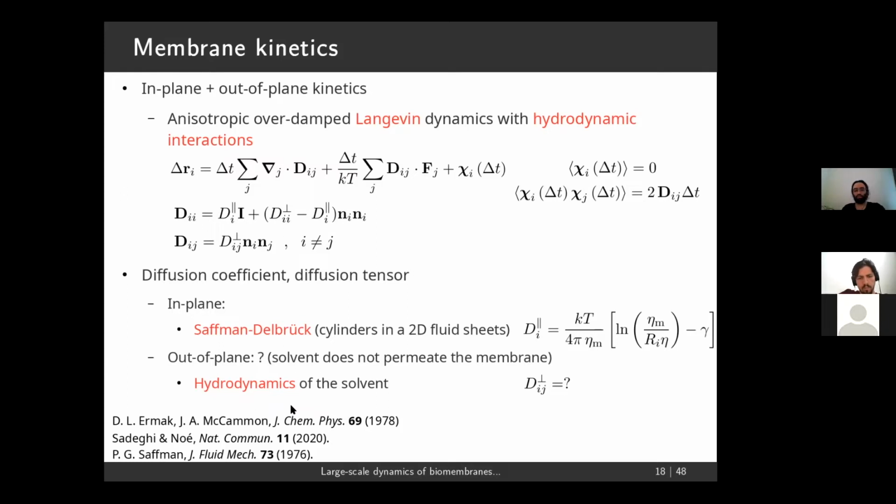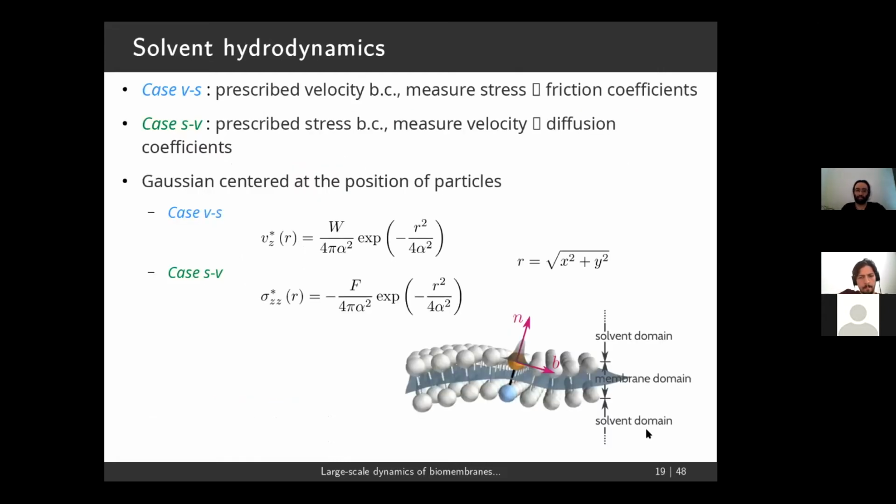So I tried to calculate the perpendicular components. The way that I did that was to, as I mentioned, introduce a Gaussian-shaped boundary condition. One of the particles is pushed upwards, if you want to imagine it, with a certain distribution of velocity, or with a certain distribution of stress.